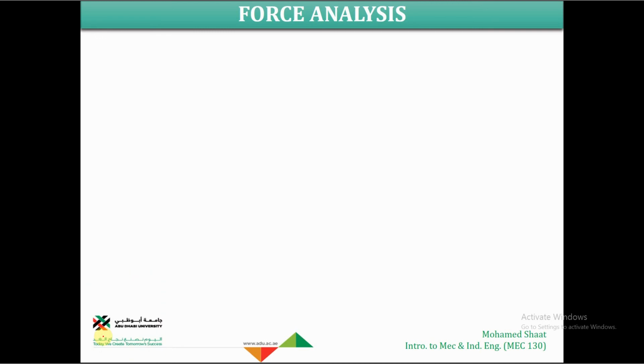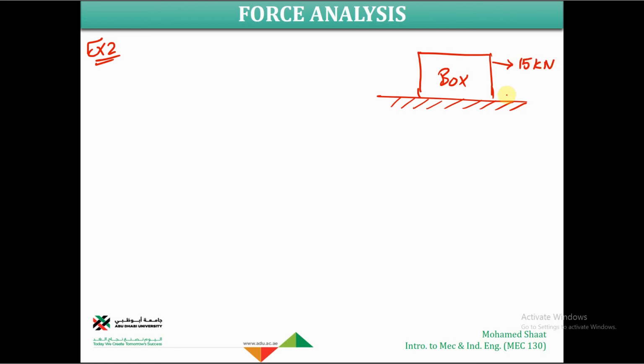Let us consider another example. Example 2. How about if we have a box sitting on the ground, and there are three forces instead of two. One force is 15 kilonewton directed to the right, and the other force is 20 kilonewton in the same direction to the right, and there is one force acting on the left as F2.